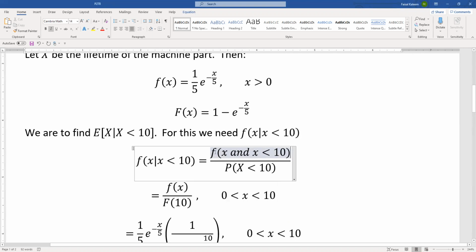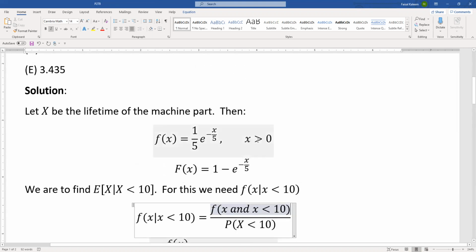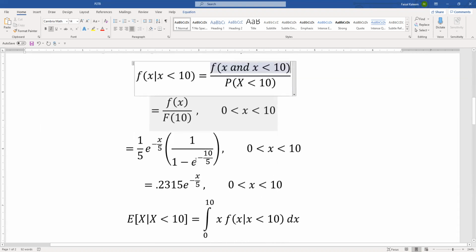Now f of x and x less than 10 means f of x, but now x has to be less than 10. The normal bound of x is x greater than 0, so actually it's from 0 to infinity. But since we are conditioning on x less than 10, it doesn't go all the way up to infinity, it stops at 10.